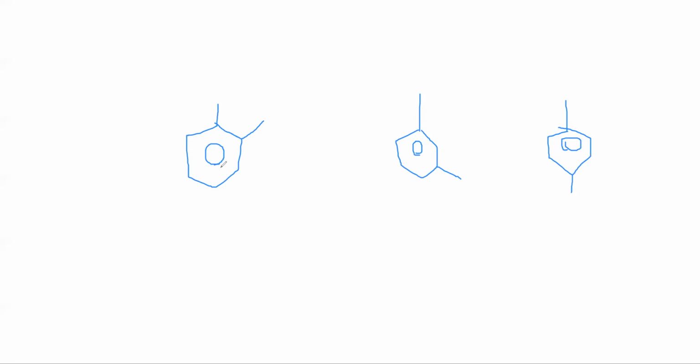I've done that all semester, so hopefully people understood that's what it means. If you have two substituents right next to each other, with a 1-2 relationship, they're going to be ortho to each other. If they have a 1-3 relationship, like here, then it's going to be meta. And then if they have a 1-4 relationship, they're para.